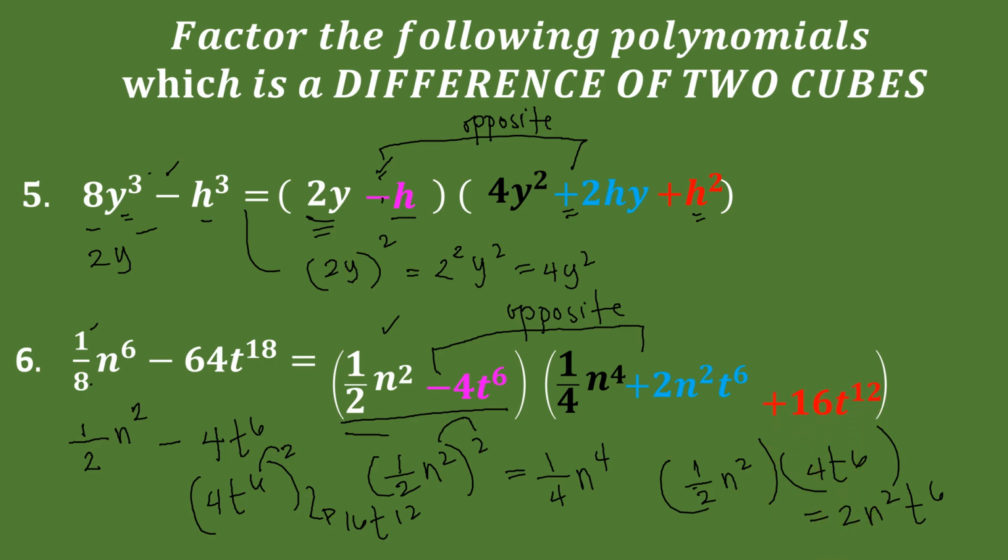So 16t to the 12, yes, it's positive 16t to the 12. So the factors of 1/8 n to the 6 minus 64t to the 18 is equal to 1 half n squared minus 4t to the 6 times 1/4 n to the 4 plus 2n squared t to the 6 plus 16t to the 12.